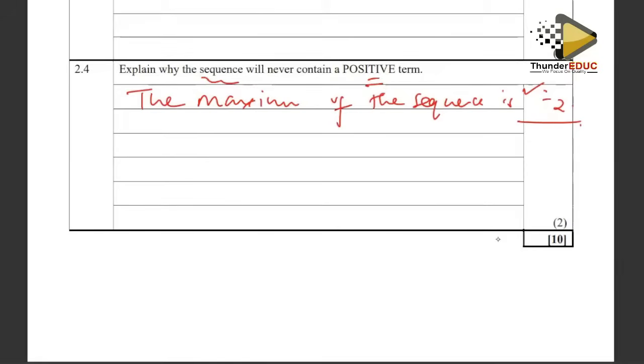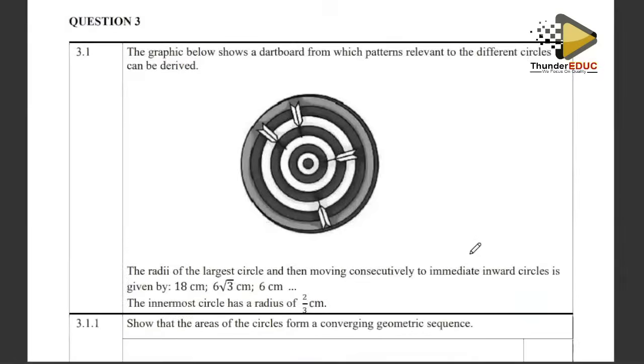All right, so that is what we would have said. Then question number 3, the graphic, is it the graphic or the graph below? It shows a dartboard from which patterns relevant to different circles can be derived.